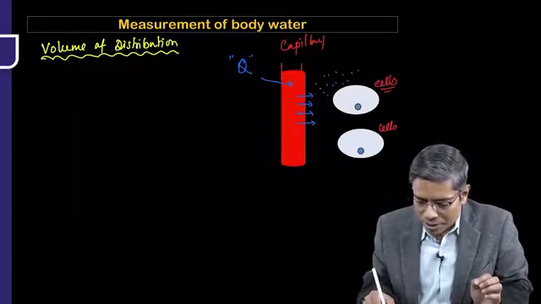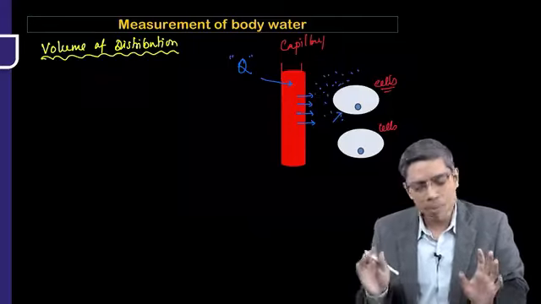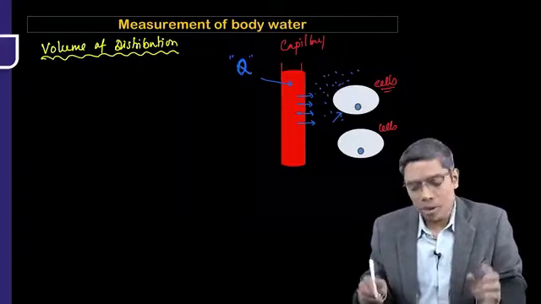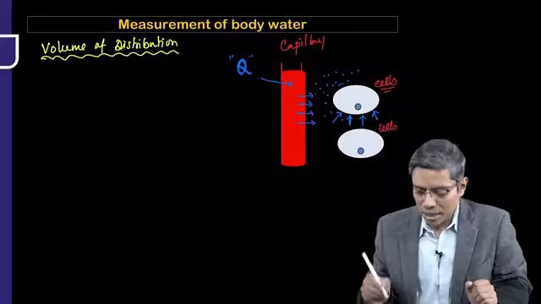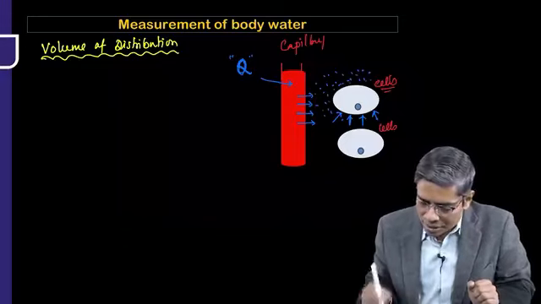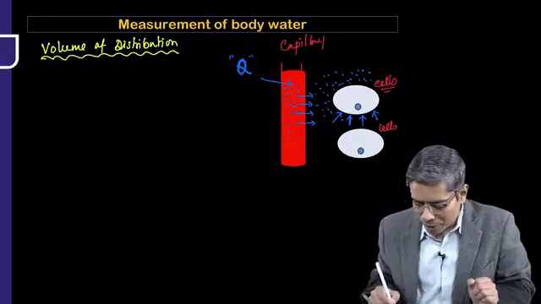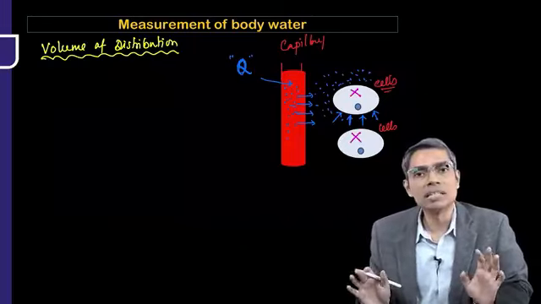After reaching the interstitial fluid, it will try to cross the plasma membrane also. But suppose the substance that I have injected here is not able to cross the plasma membrane. So what will happen? The substance will be distributed only in the interstitial fluid, and obviously it will also be distributed in the plasma, but it will not be able to distribute within the intracellular fluid or ICF.